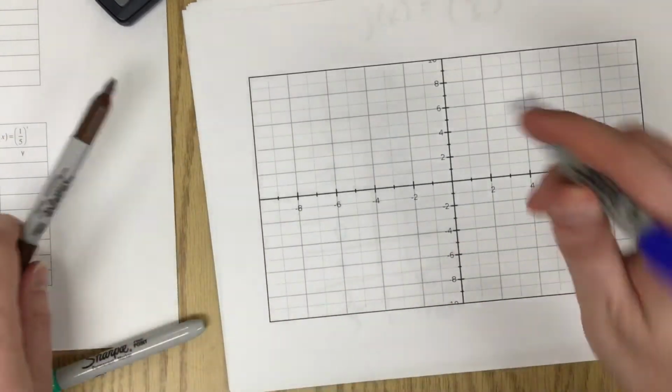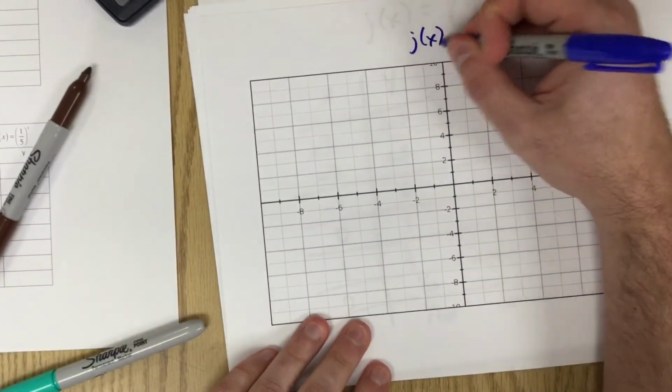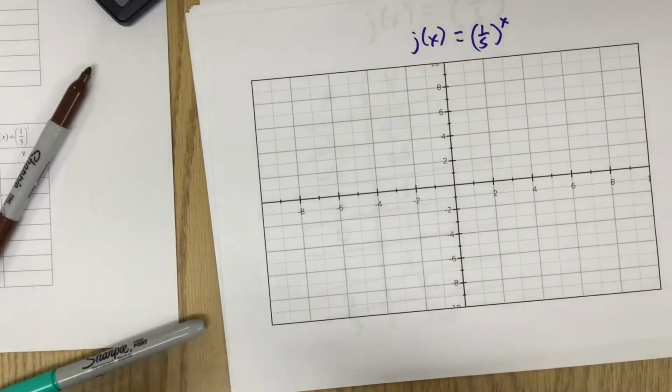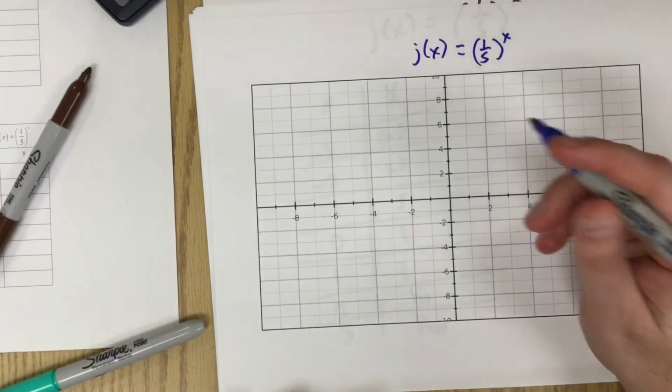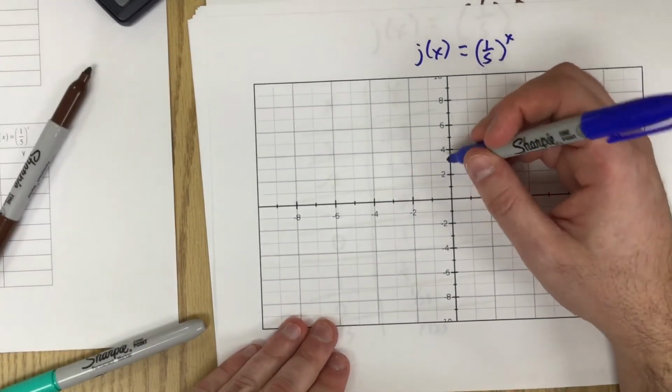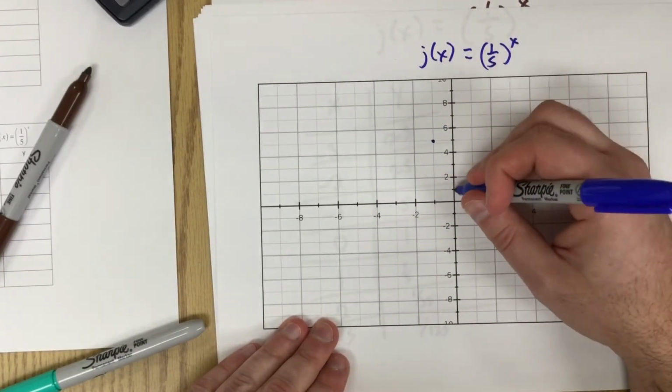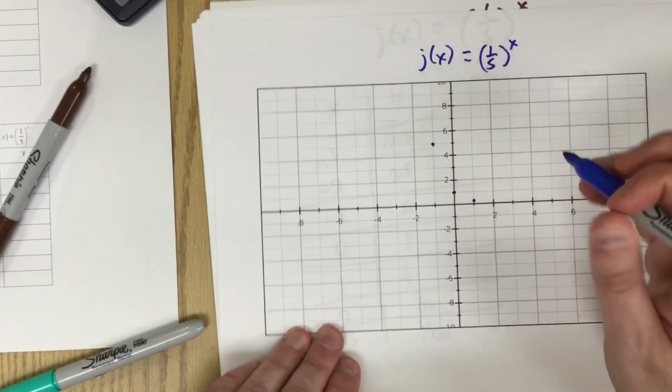And if we graph j of x equals 1 over 5 to the x, it's going to be kind of like when we had 5 to the x, except it goes up faster. So at -1, we're at 5. At -2, we're already at 25. We're already gone. That's at 1, that's at a fifth.